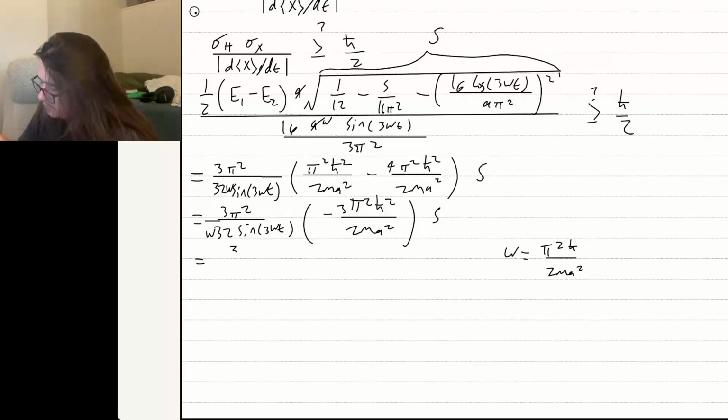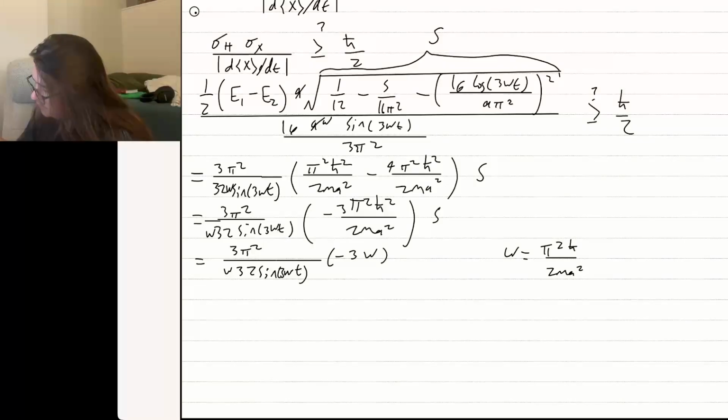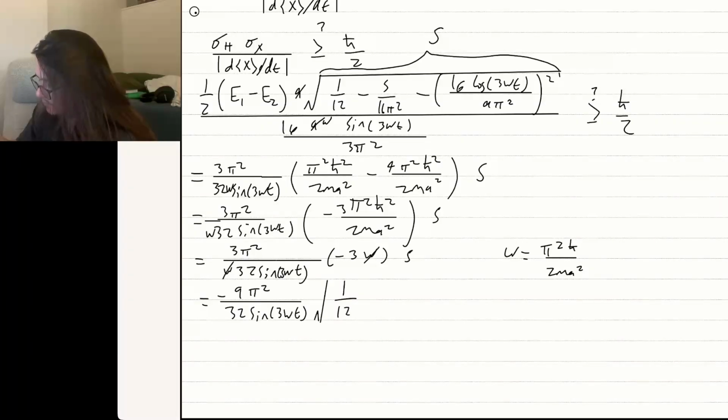So it's 3 pi squared over omega times 32 times sine 3 omega t times just minus 3 omega times S. The omegas cancel out, and I'm actually going to write it out now: minus 9 pi squared over 32 sine 3 omega t, square root of 1 over 12 minus, and then there's an extra h bar here.